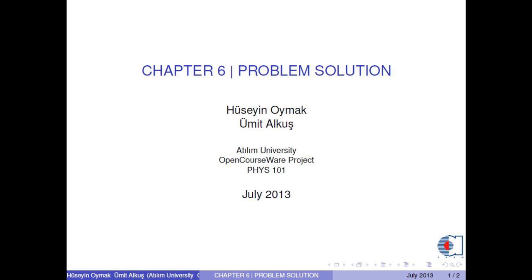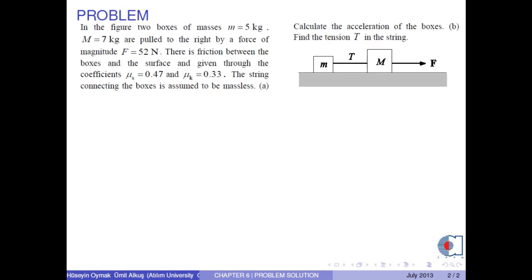In this video, we will solve one problem in chapter 6. In the figure, two boxes of masses m equals 5 kilograms and capital M equals 7 kilograms are pulled to the right by a force of magnitude F equals 52 newtons.